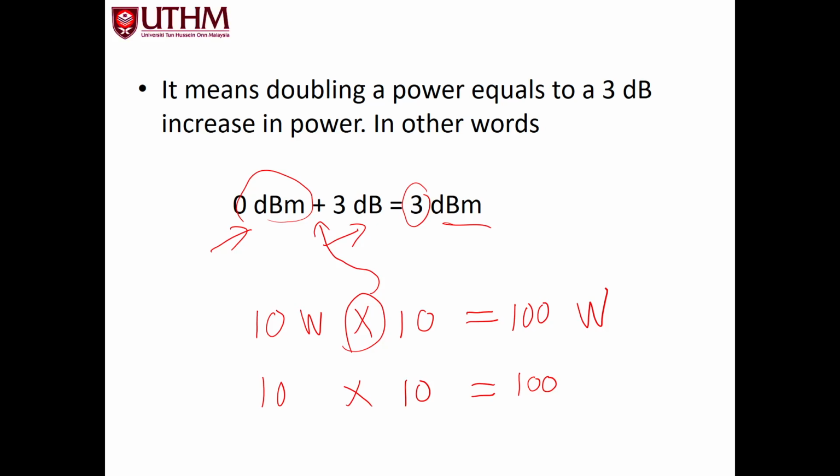Okay, so here 0 dBm, this is in terms of power. And 3 dB here is a value without unit. So this is power multiplied with a value without a unit.